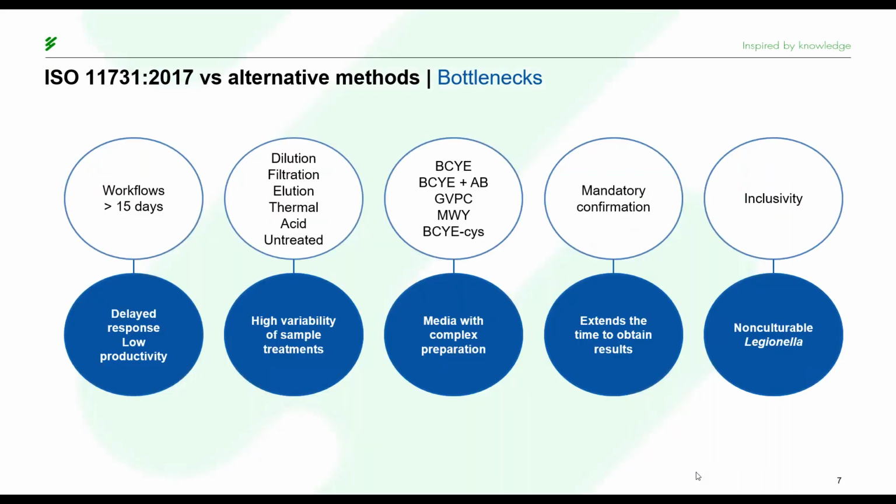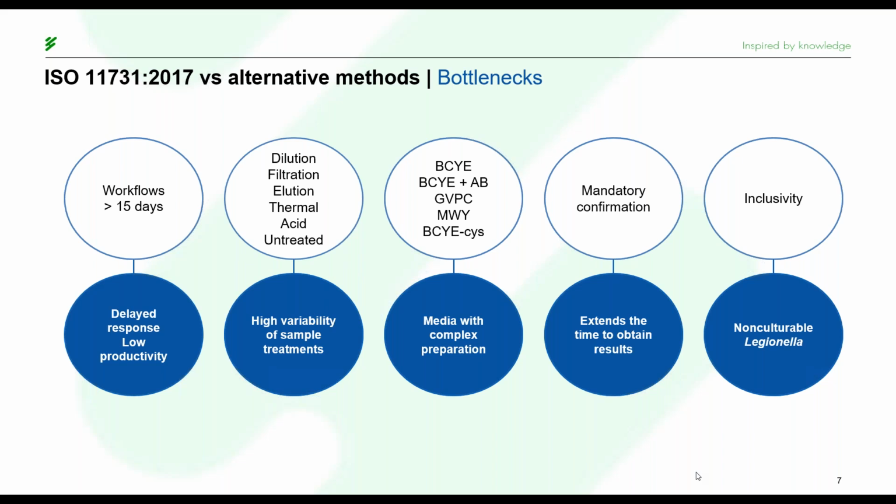So continuing with Legionella, as we have seen, the culture method has several problems due to its complexity and high variability in dilutions, pretreatments, and culture media. We also find ourselves with a workflow from reception of the sample to results that is greater than 15 days, and this leads, of course, to delays in response and low productivity.